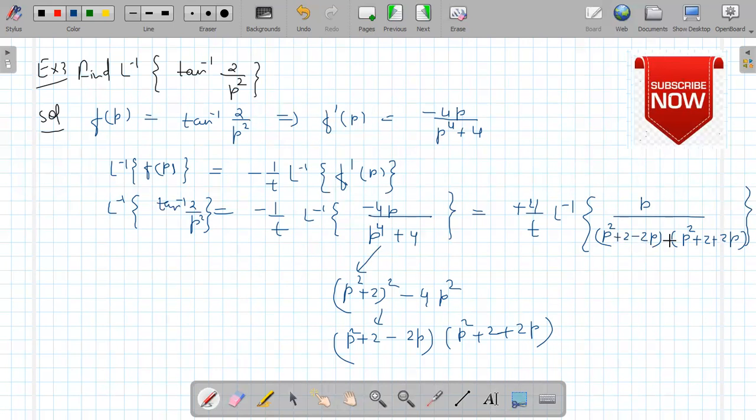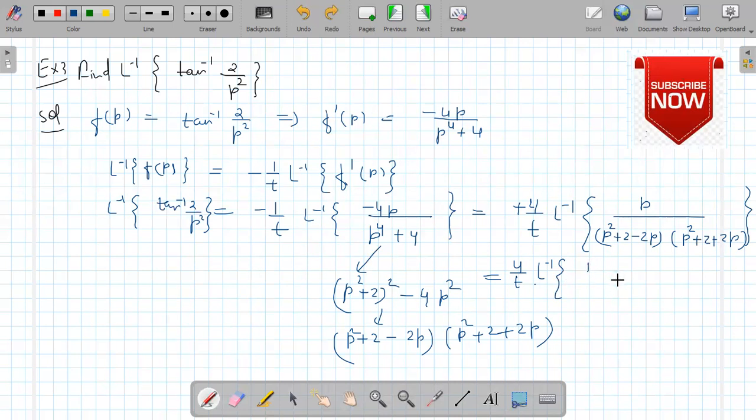So whenever you have this type of factors in the denominator and p in the numerator, you just learn its partial fractions are very straightforward. I'll take that 4 outside this bracket. Actually, there is not 1 upon 4 because I have taken 4 outside the bracket.